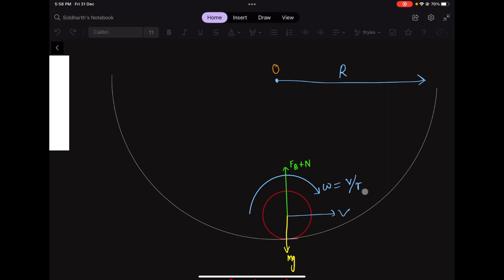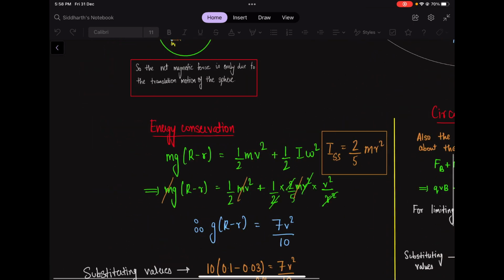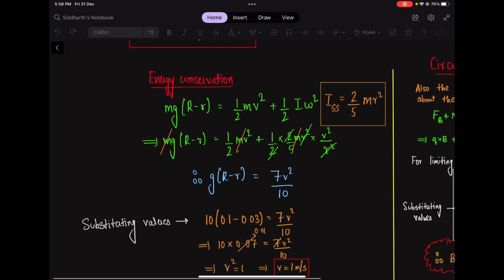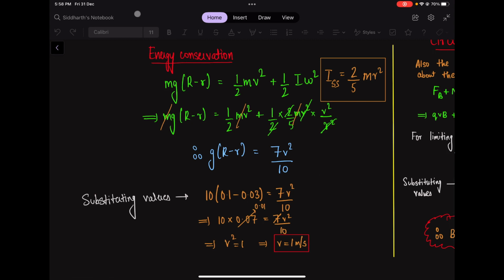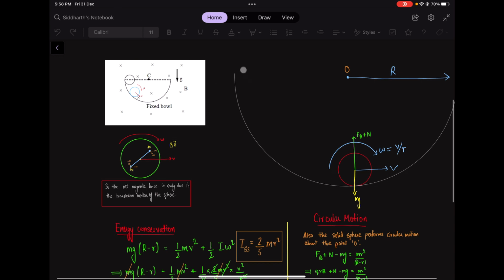So now let's write the equations. When we write energy conservation, the change in potential energy is mg times (capital R minus small r), because initially it was at the top and then it has come here. So the center of mass is displaced by capital R minus small r.